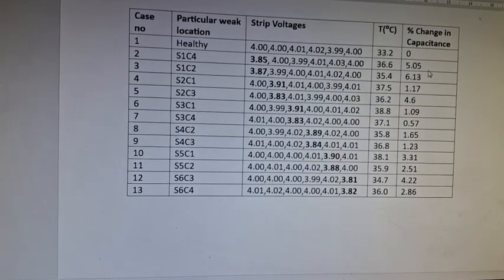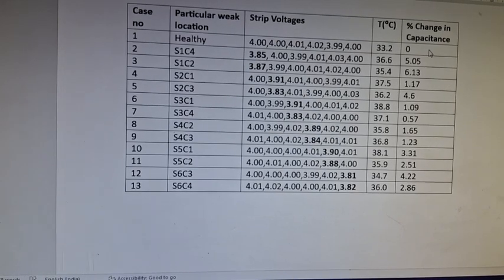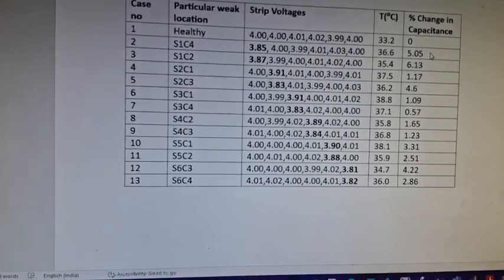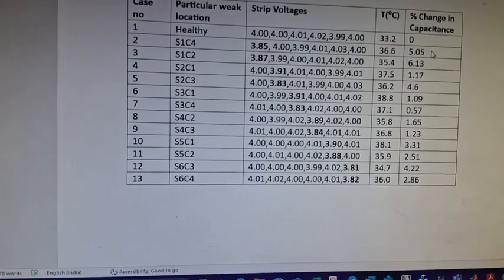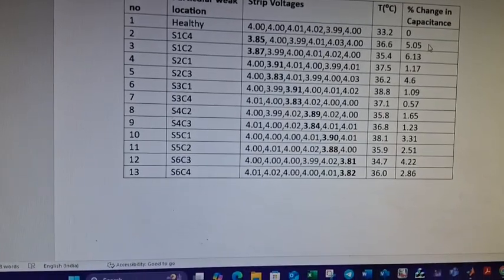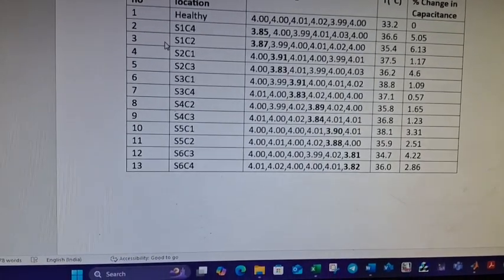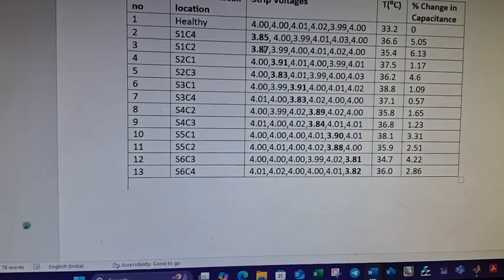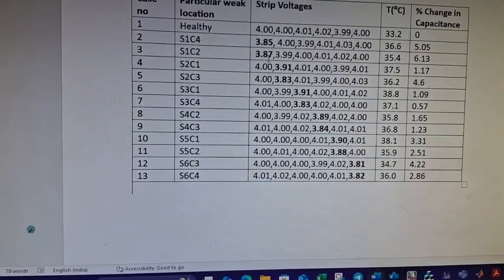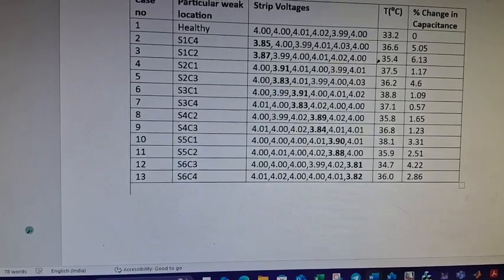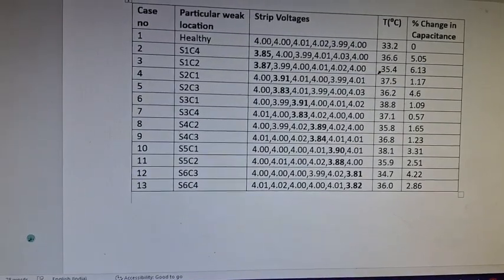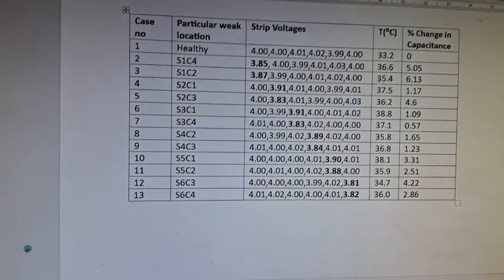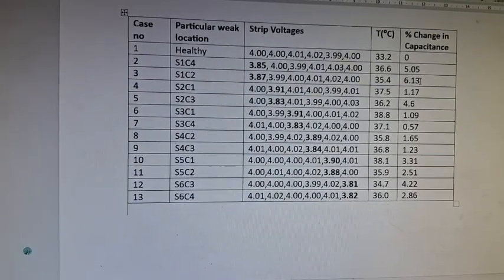So we see in this column that, as compared to the healthy state condition, the percentage increase in the capacitance was found to be 5.05. Similarly, for the other test cases, we observed that the corresponding strip voltage tends to decrease. The temperature of that particular weak cell is also more as compared to the healthy cell condition, and the capacitance value seems to be more.